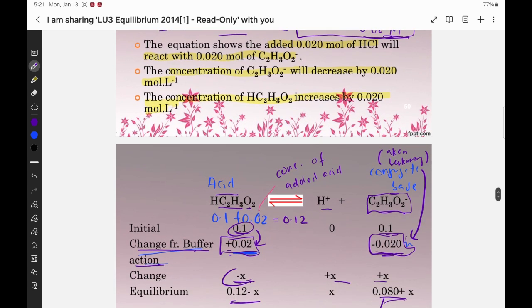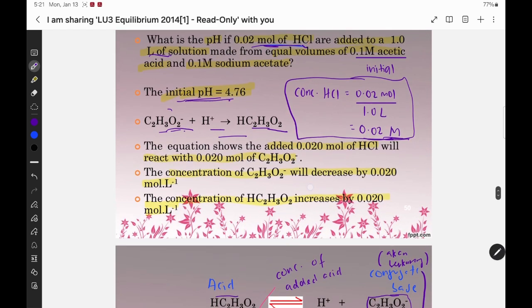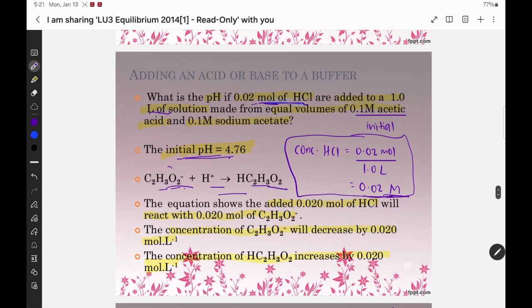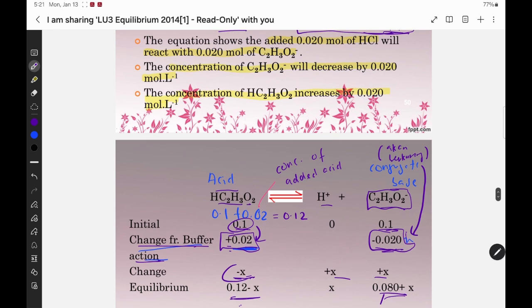For the concentration of HCl that we added, we can calculate it from the mole given here with the volume of the solution. So we divide the 0.02 mole by 1 liter of solution to get 0.02 molar.